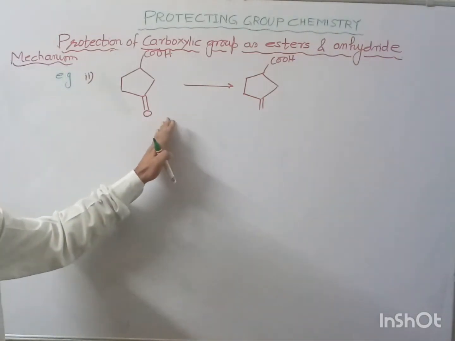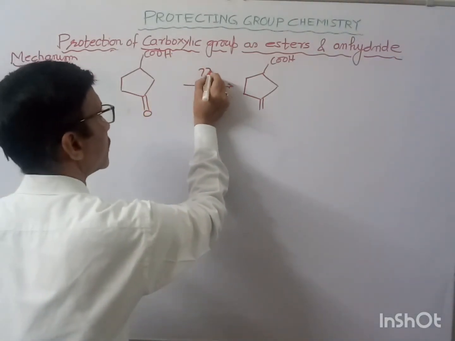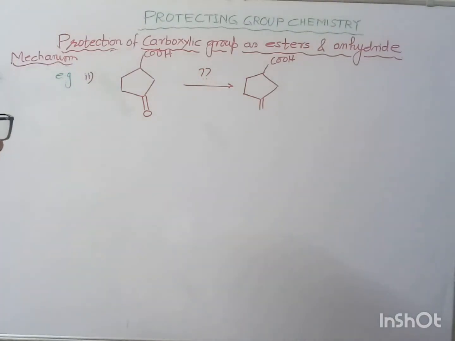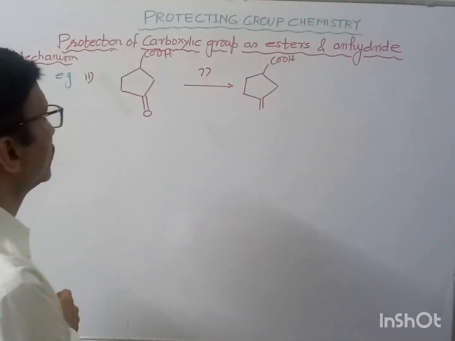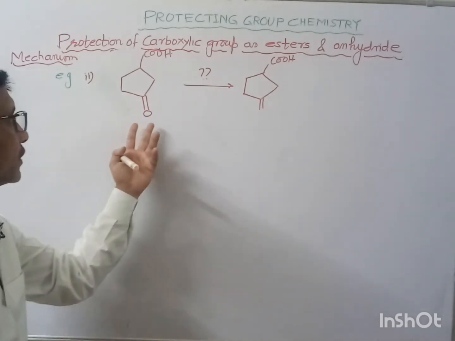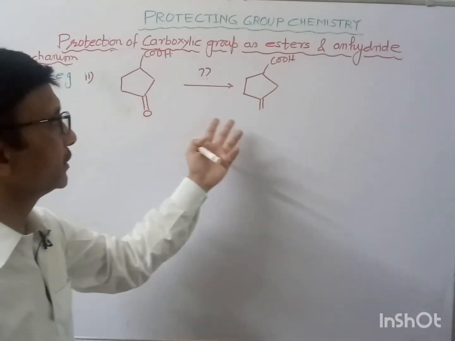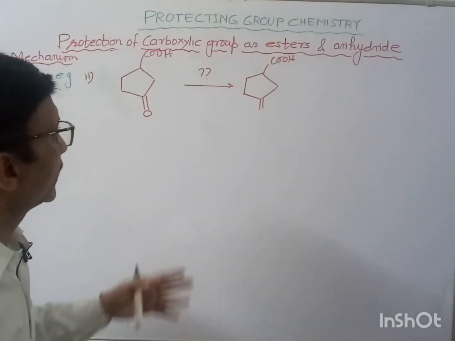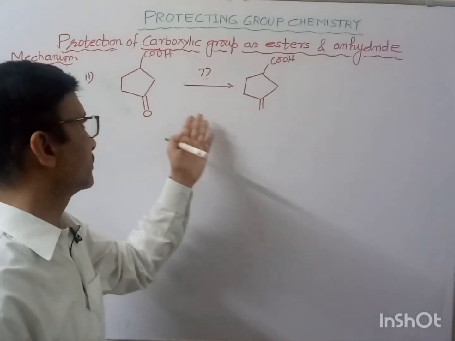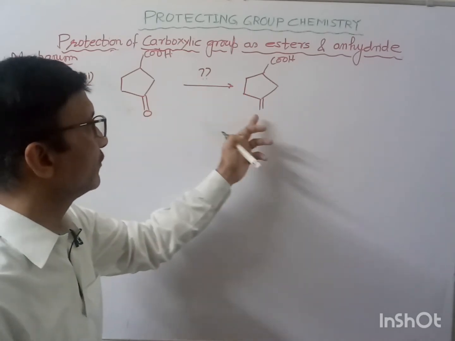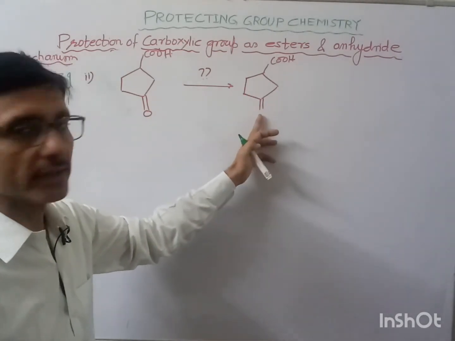Now if we want to convert this carbonyl group into this alkene bond, how can we do it? All of you know, we can take some ylide. In the presence of ylide, this oxygen will get removed, and we will get the CH2 over here.